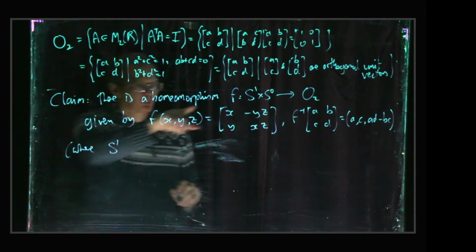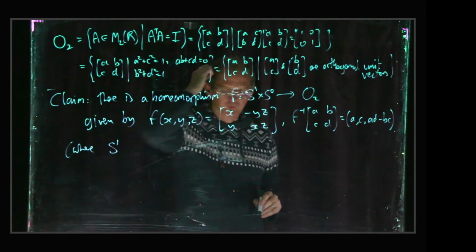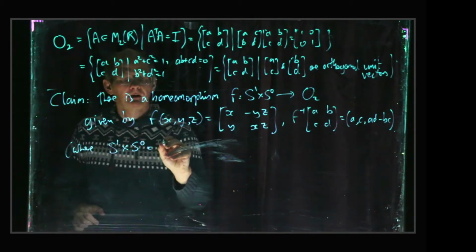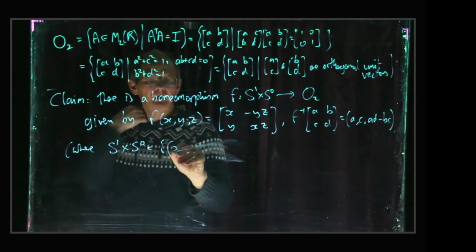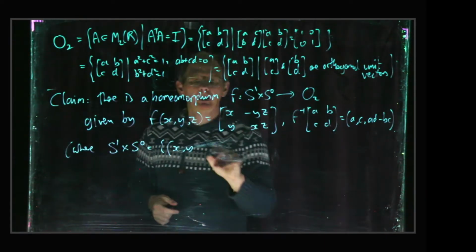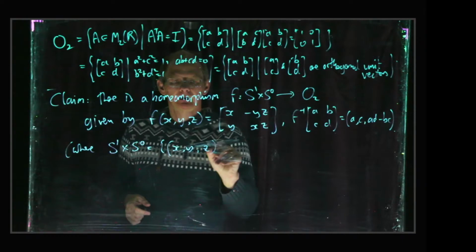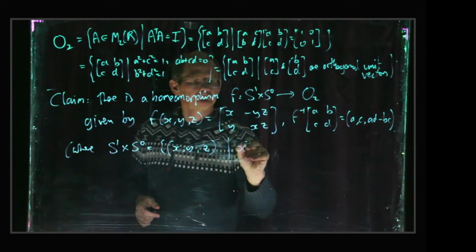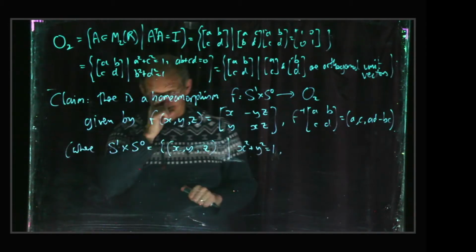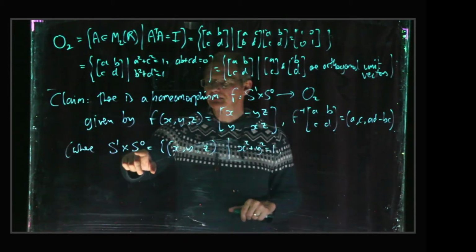Okay, so let's just recall what this S1 cross S0 is. An element of S1, remember, is just the unit circle, so that's just a pair X, Y with X squared plus Y squared equal to 1. And then Z is supposed to be an element of S0.